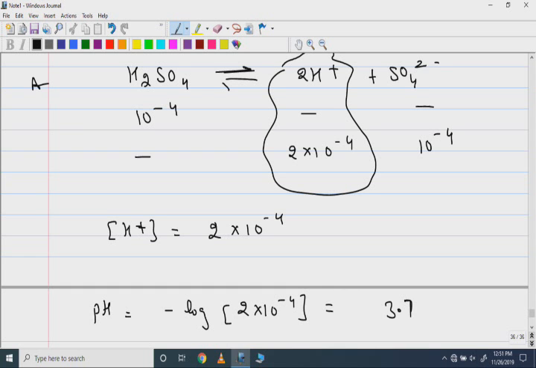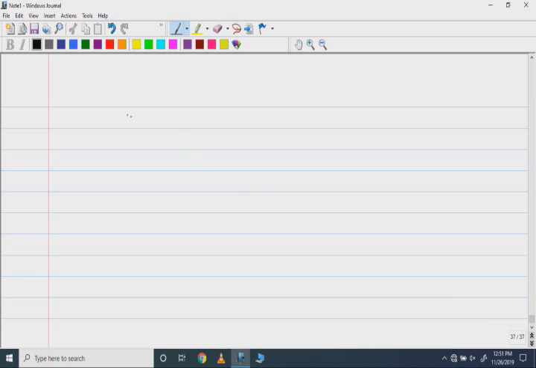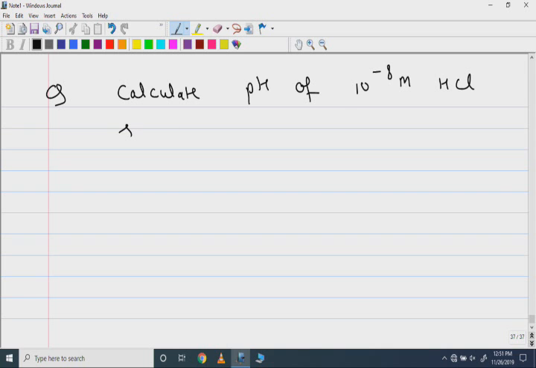Okay, now this is the question for you. Calculate pH of 10 to the power minus 8 molar HCl solution. Quickly give me the answer.